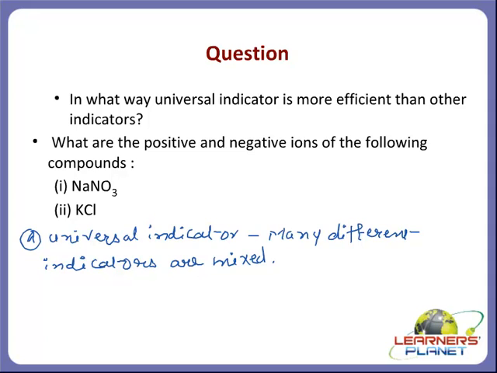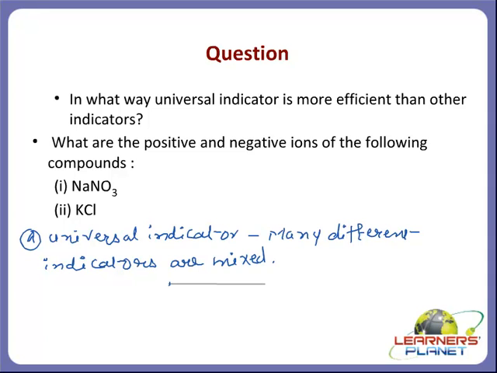Fine? So your normal indicator only tells whether the substance is acidic or basic or neutral. Clear? But universal indicator gives the pH. The makers of universal indicator provide you with a strip. This strip shows different colors at different pH.